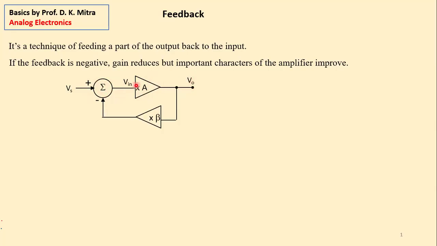So Vo is equal to A into Vin. And this output is tapped out from here, where again a multiplication factor beta is applied. Beta is of course less than 1, 1/10th, 1/20th, something like this. So Vo multiplied by beta is fed back to the input in negative polarity.